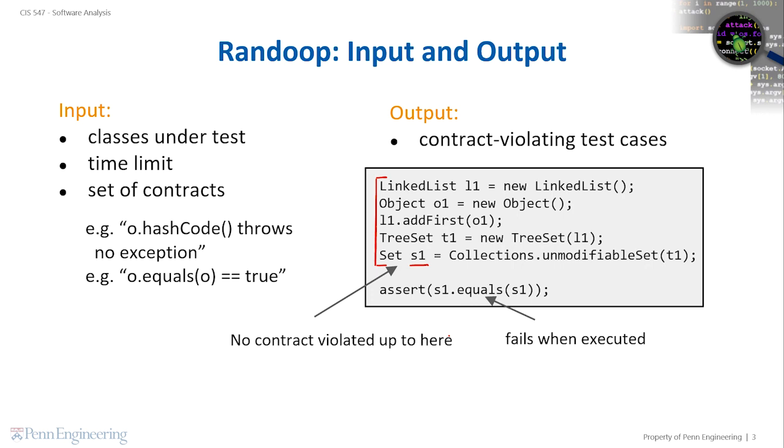Second, the final assertion should fail when executed. These two conditions will be important in deciding what Randoop does with each test case it generates: whether to discard the test case, whether to output the test case, or whether to retain it for extending in future test cases.